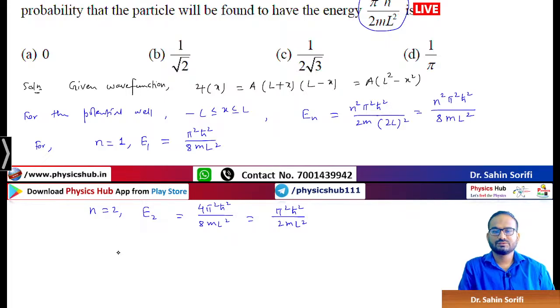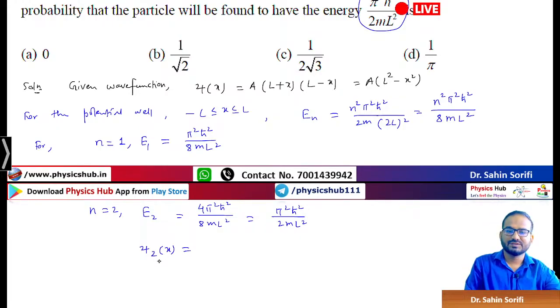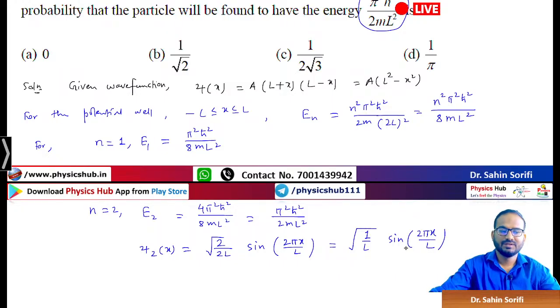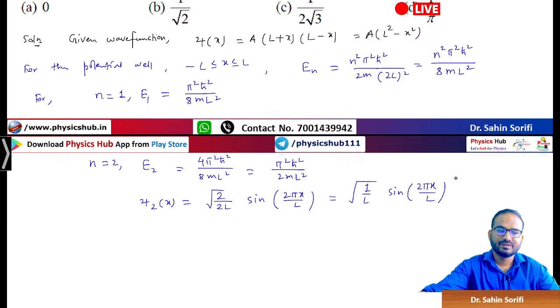For n is equal to 2, we know the wave function psi 2. Psi 2 is what? N equal to 2 means n is even. So it will be decided by square root of 2 by width, 2L, sine 2 pi x by L. So this is square root of 1 upon L sine 2 pi x by L. Now what is the probability?